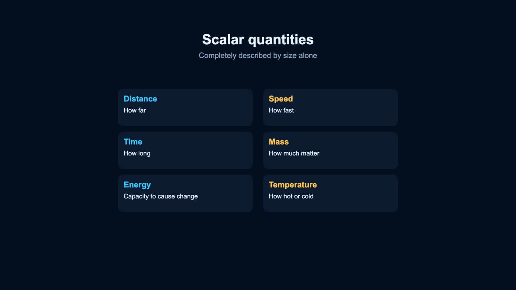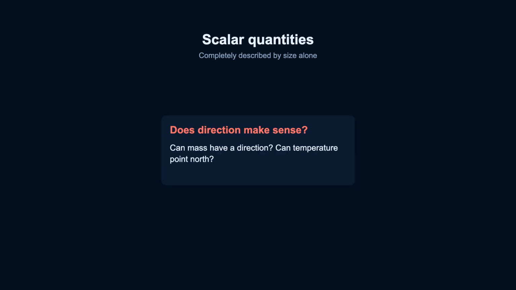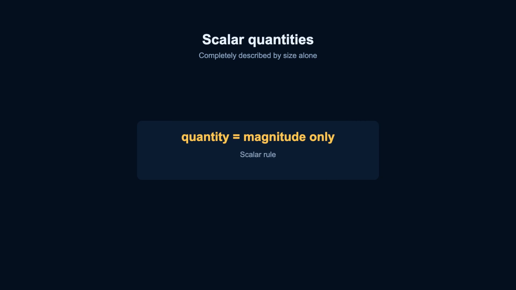Distance, speed, time, mass, energy, and temperature are all scalars. Ask yourself why. Does it make sense to say a mass has a direction, or that a temperature points north? It doesn't. These quantities are fully pinned down by size alone, so direction simply has no physical meaning for them.